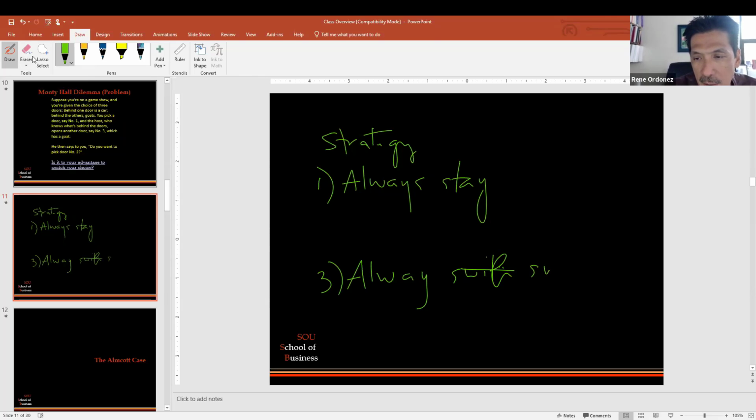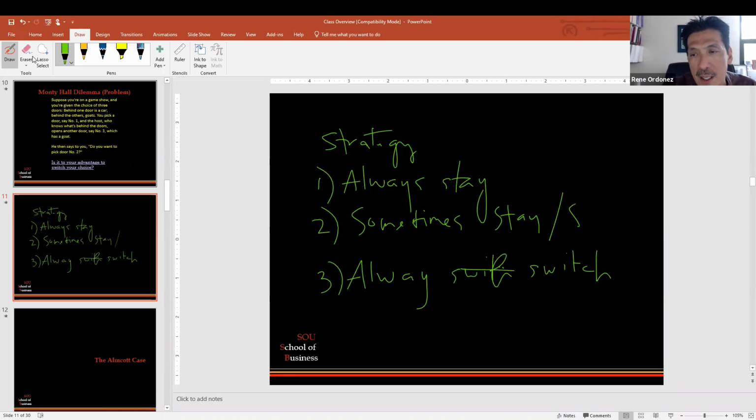And somewhere in between is 2, sometimes stay, sometimes switch. So the question for us is, which of these 3 strategies will give us the maximum probability of winning, of getting the grand prize?